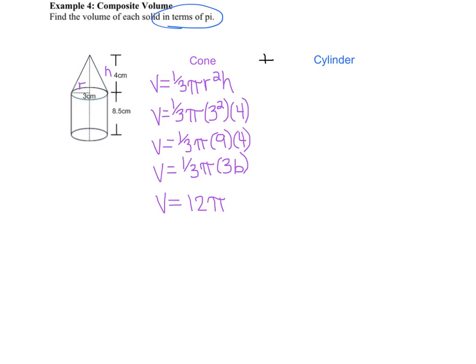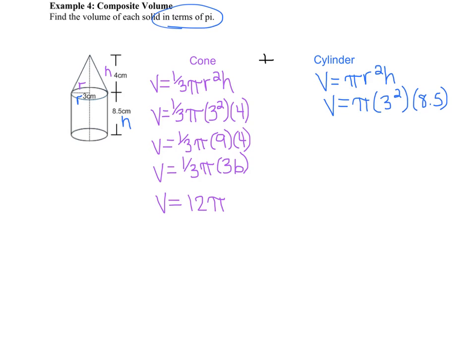Next, let's find the cylinder's volume. And remember to find a cylinder, volume equals pi times radius squared times h, the height. So volume is pi. My radius for the cylinder, again, is 3. It's the same radius. And now my height of the cylinder is 8.5. So we have 3 squared. We're going to replace the r with 3, and our height is 8.5.